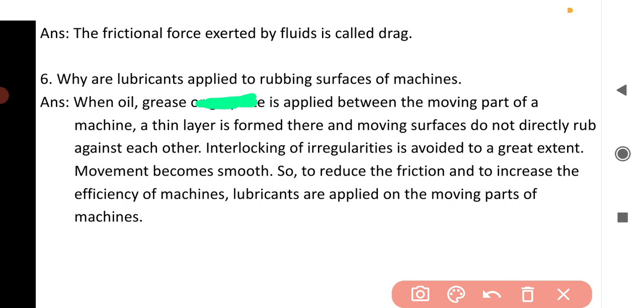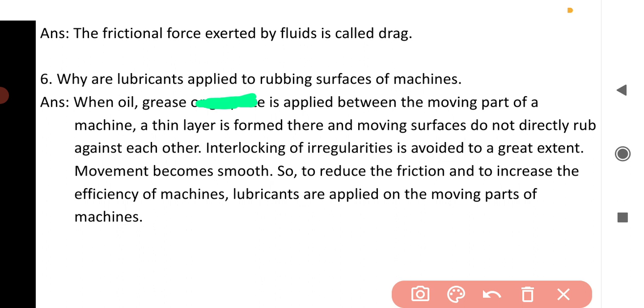When oil or grease is applied between the moving parts of a machine, then what happens? A thin layer of lubricant is formed there, and the moving surfaces do not directly rub against each other because of the presence of the thin layer of lubricant.